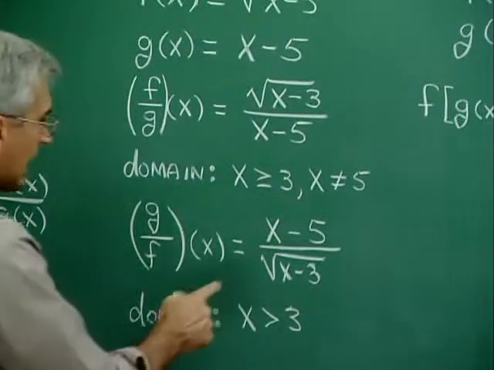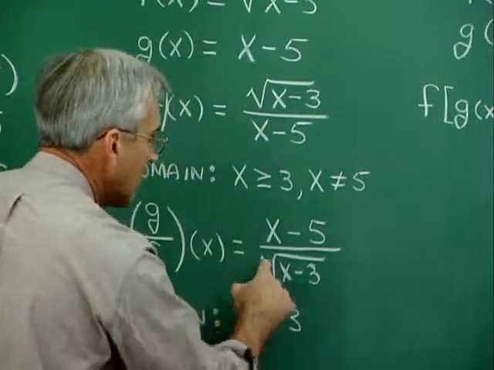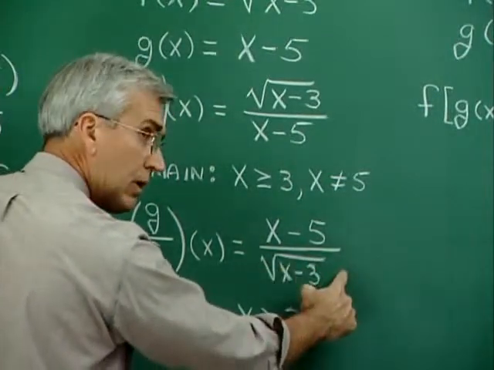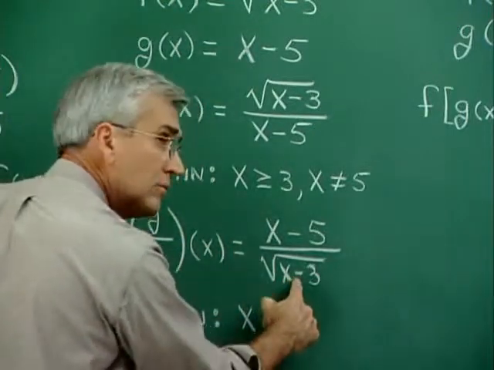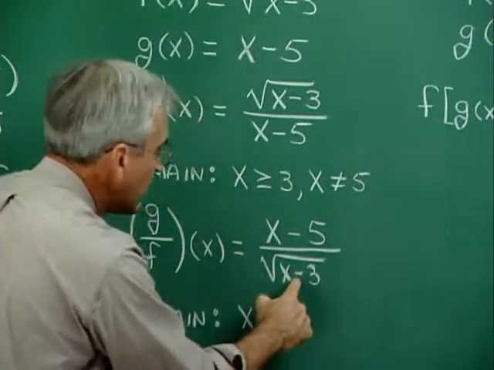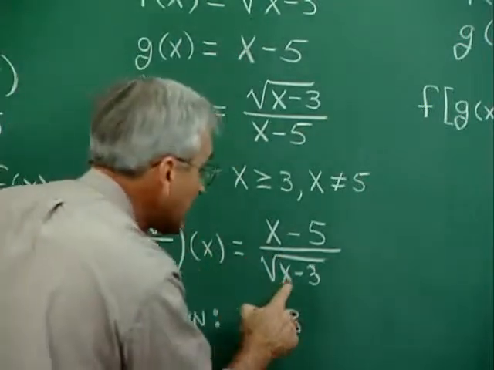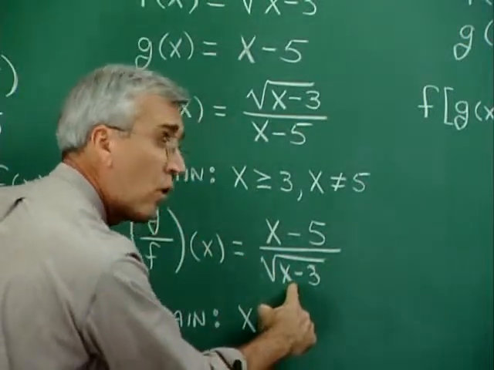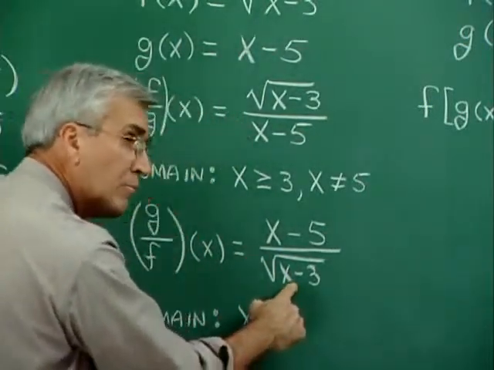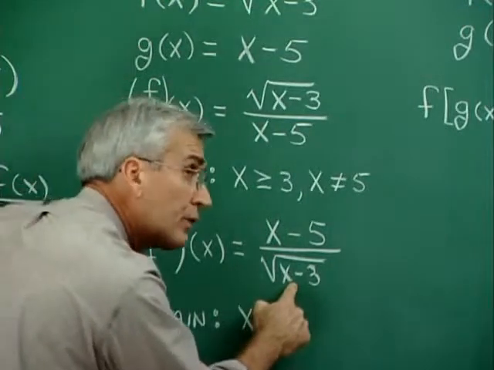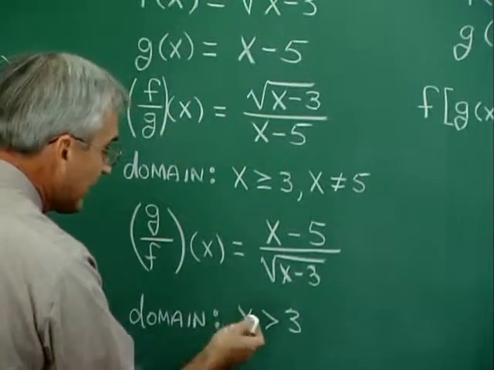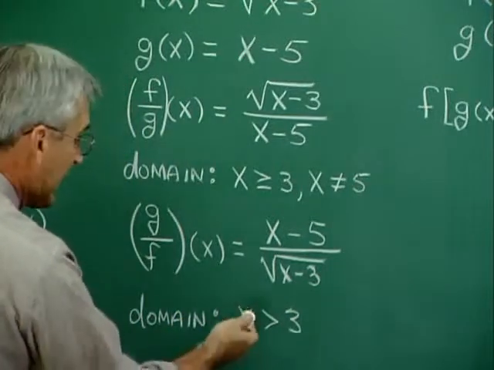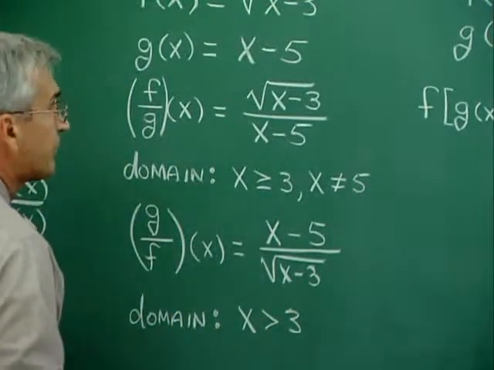Well, we can't have the value of the denominator becoming 0, and we can't have the radicand becoming negative. So for the radicand not to be negative, x would have to be greater than or equal to 3. But x can't be equal to 3 because it would cause the denominator to be 0. So we have a strict inequality then for the domain: x is greater than 3.